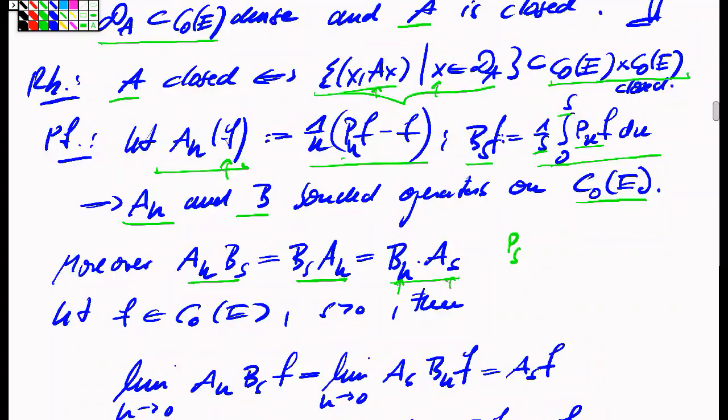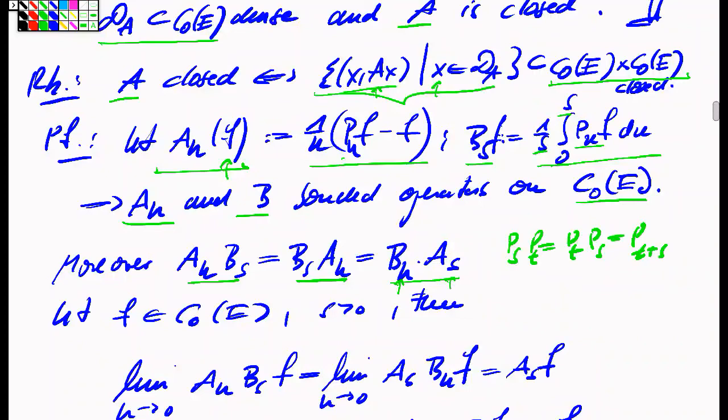So what we know is that P_S after P_T is the same as P_T after P_S. That's just true because in both cases this is just P evaluated at T plus S, which is symmetric in T plus S.